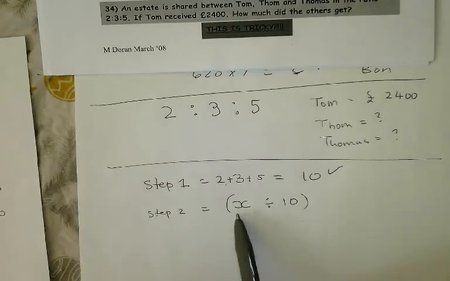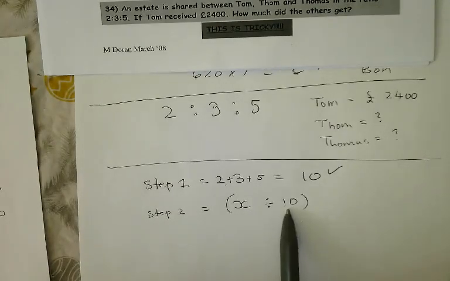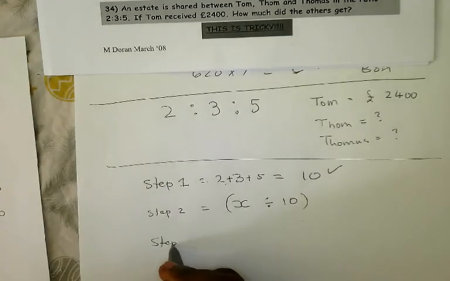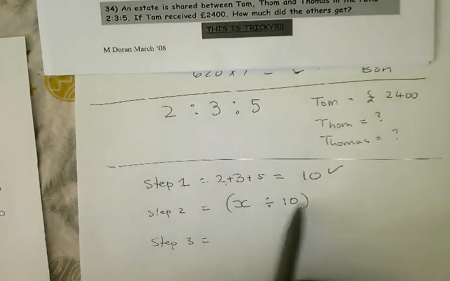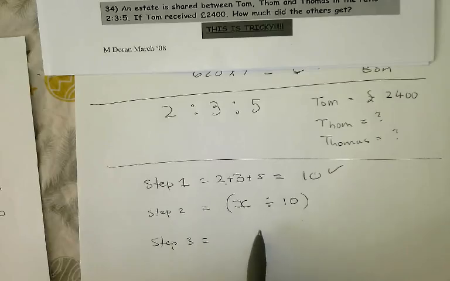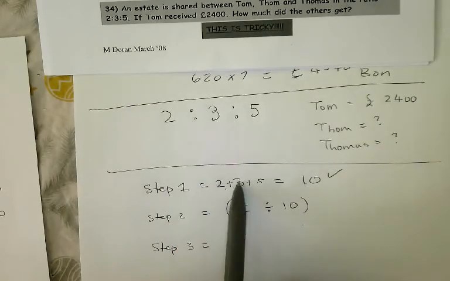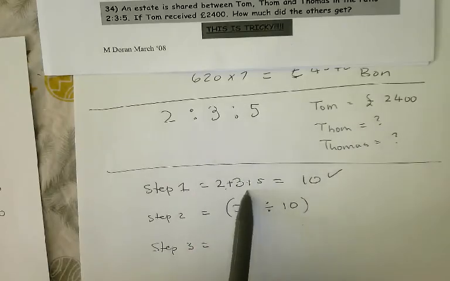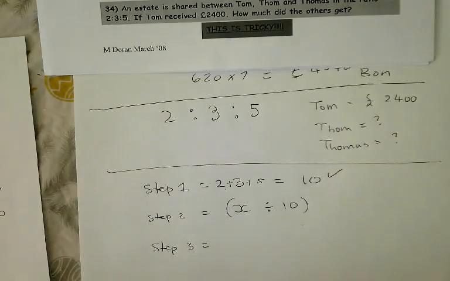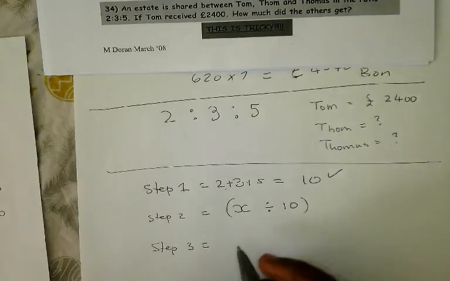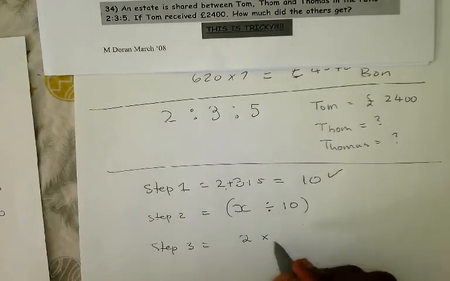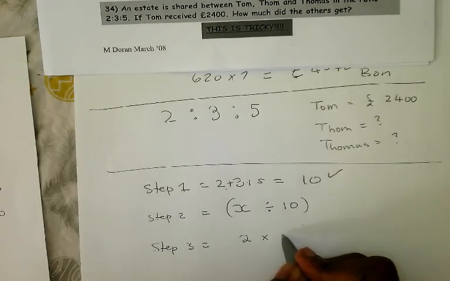In step 3, we multiply whatever we get with the ratio. The first one we multiply by 2, the second one by 3, and so forth. So let me show you. We say 2 multiplied by x divided by 10.